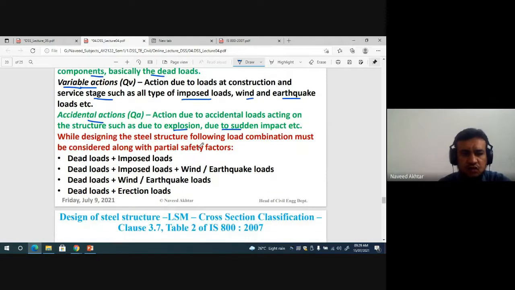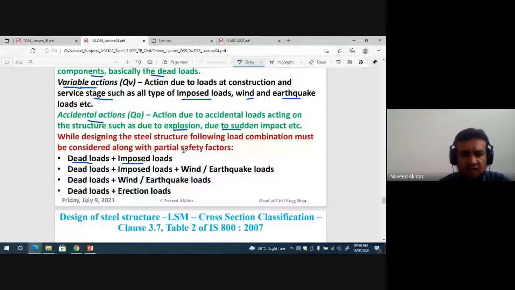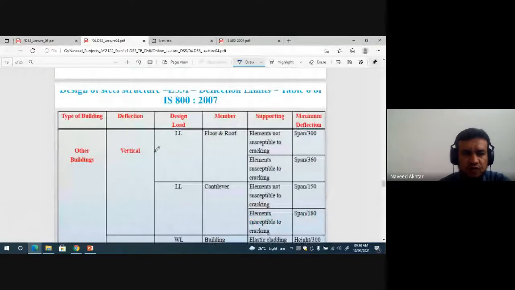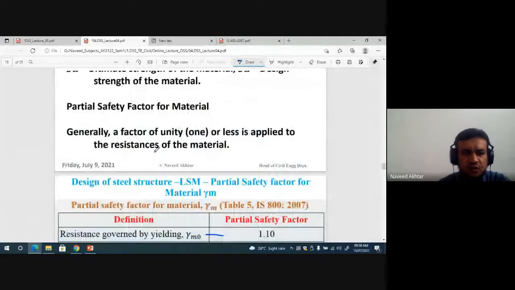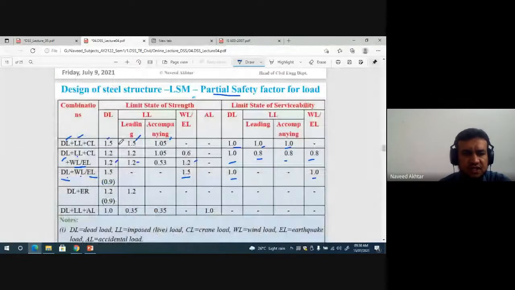And then load combination, as we have discussed the load factor, we are imposing the load factor while the safety factor given in table number 4 is 1.5, you can see here.